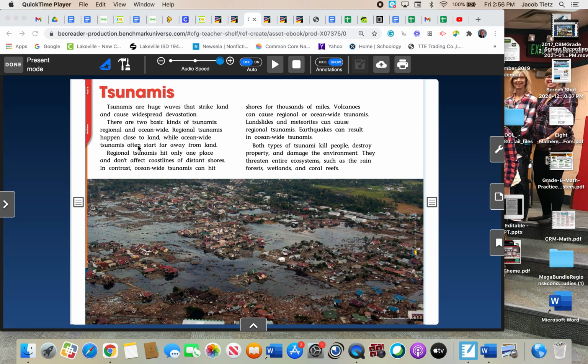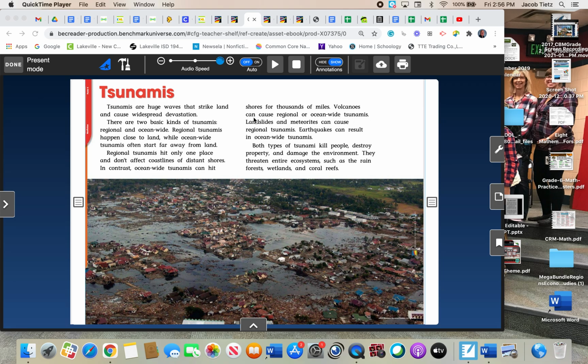Regional tsunamis happen close to land, while ocean-wide tsunamis often start far away from land. Regional tsunamis hit only one place and don't affect coastlines of distant shores. In contrast, that's a key word, contrast, obviously, ocean-wide tsunamis can hit shores for thousands of miles.